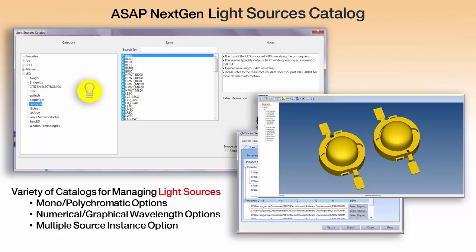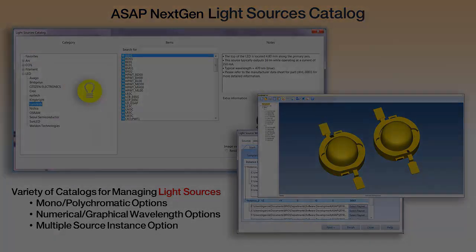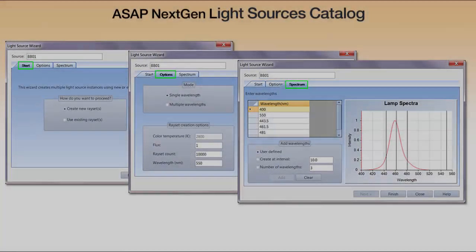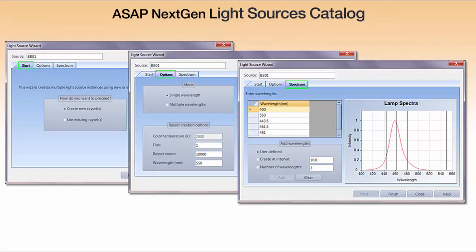So for example, we select this LED, took the very first one in the list, and we try to insert it. It asks us information about how we want to configure it. Like, do we want to run monochromatically or at multiple wavelengths? If we want to do multiple wavelengths, what wavelengths do we want?